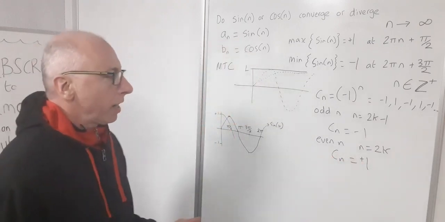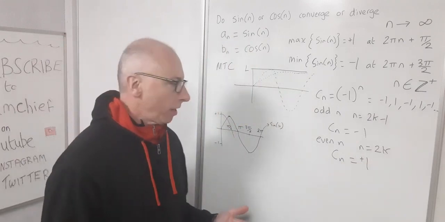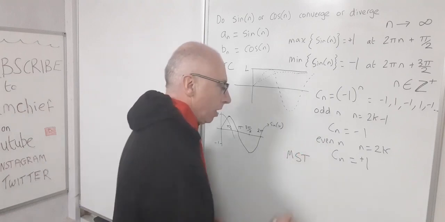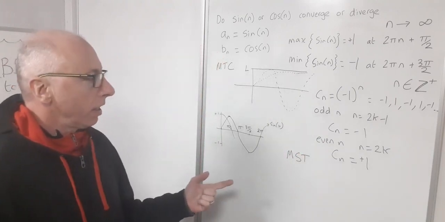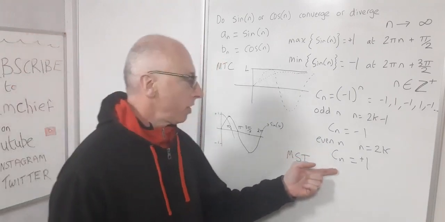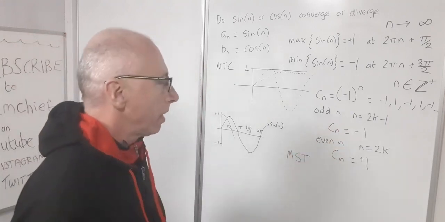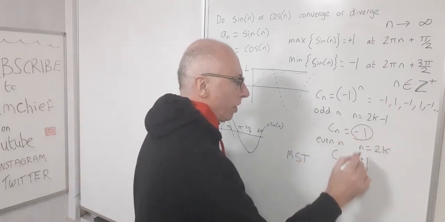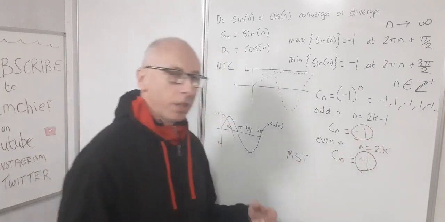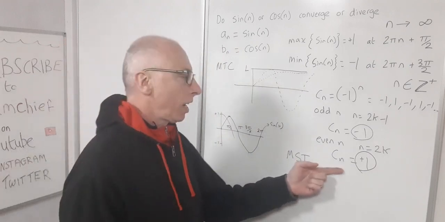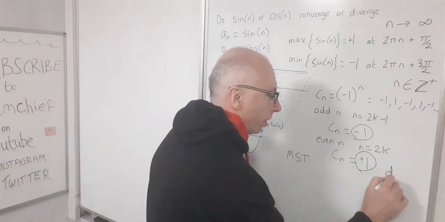So therefore we can say by the monotone subsequence theorem that this sequence here is divergent because it has two different limits. We've got a minus 1 and a plus 1. So by the monotone subsequence theorem, this sequence is divergent.